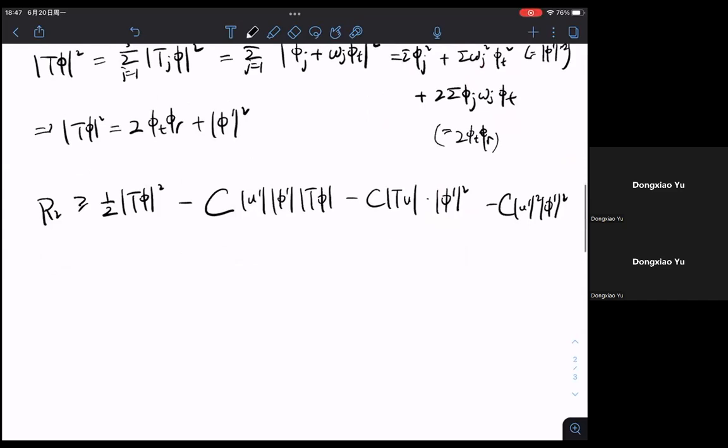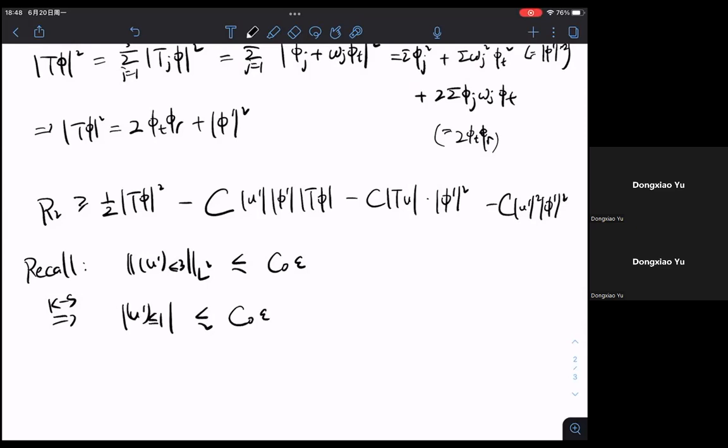Recall that in our proposition, our assumption is that U prime, the L2 norm of this thing at each time, is controlled by C0 epsilon. So this is our assumption in the proposition. By the Klainerman-Sobolev inequality, we get something like U prime less than or equal to 1 is controlled by C0 epsilon, X plus T inverse, X minus T to the negative 1/2 power.